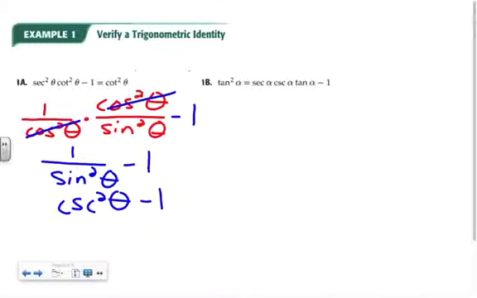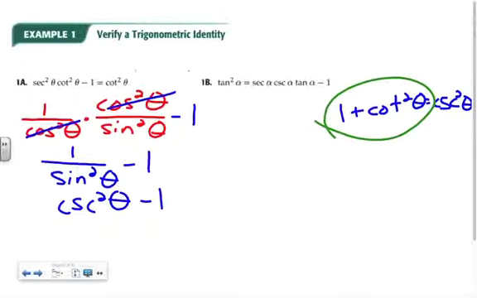And so in my Pythagorean identities, I have this one. I'm just going to jot it down off to the side. I have 1 plus the cotangent squared of theta equals the cosecant squared of theta. And so since I know that, I can substitute in this for the cosecant squared.